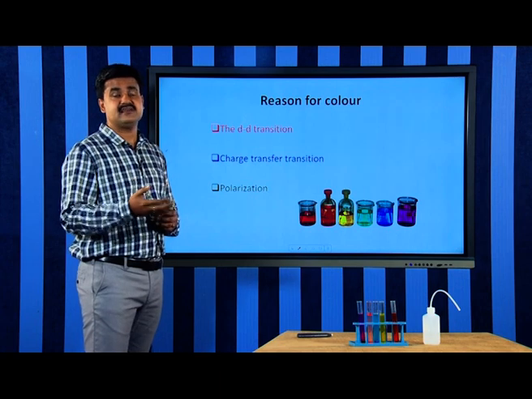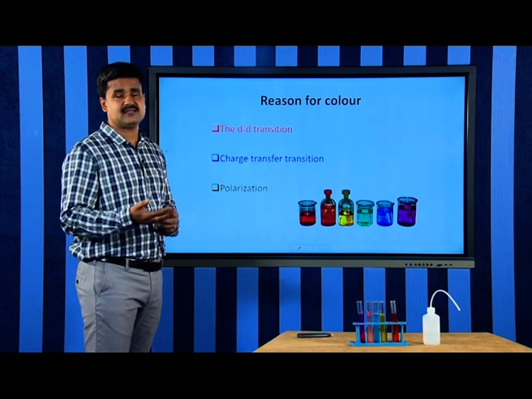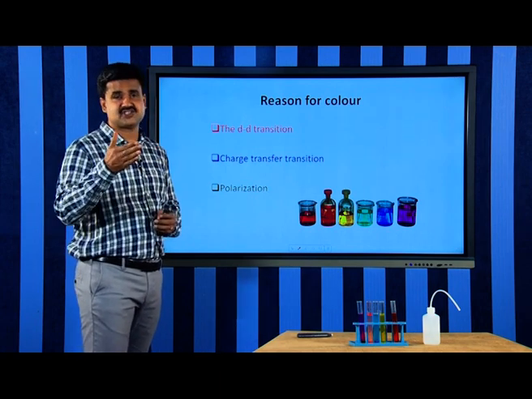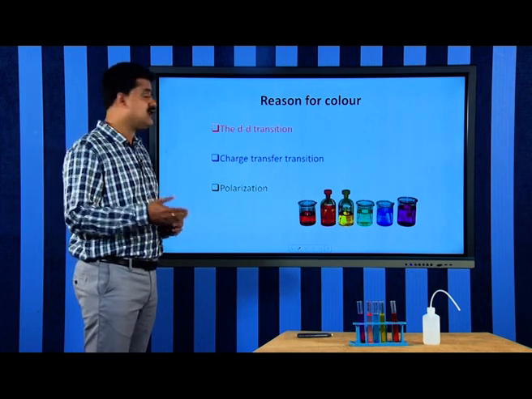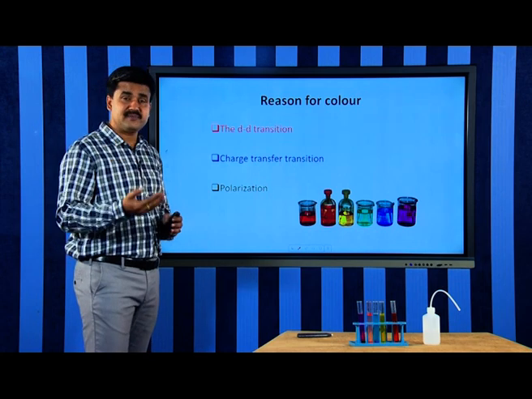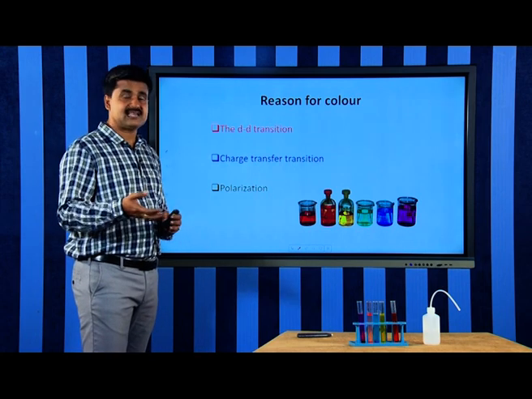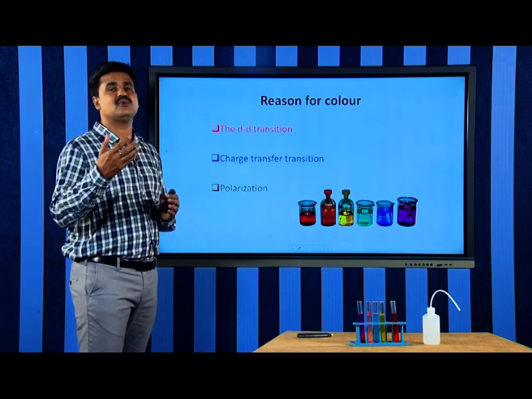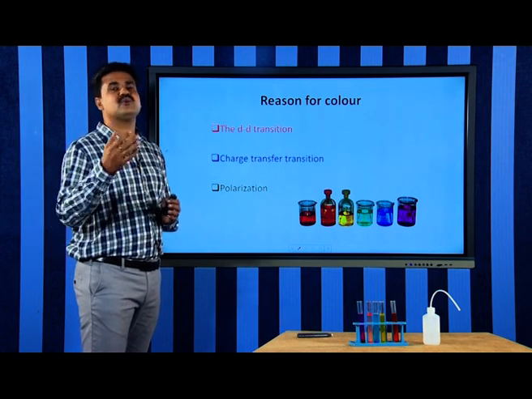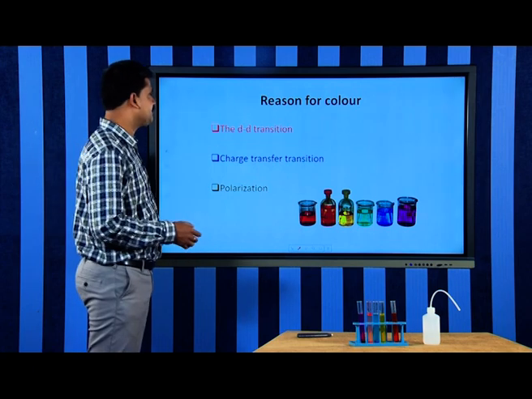Silver iodide is a deep yellow solid. The reason for the color variation is different degrees of polarization. So, polarization may also be, in rare cases, a reason for the color of coordination complexes or simple ionic compounds or d block compounds.